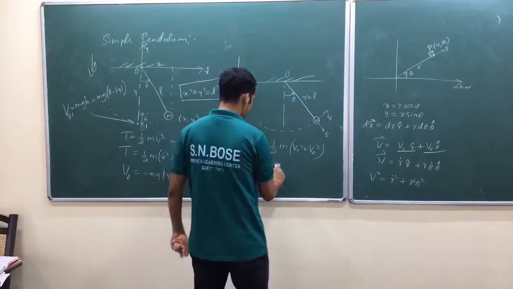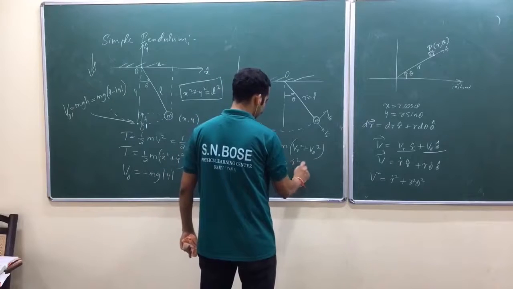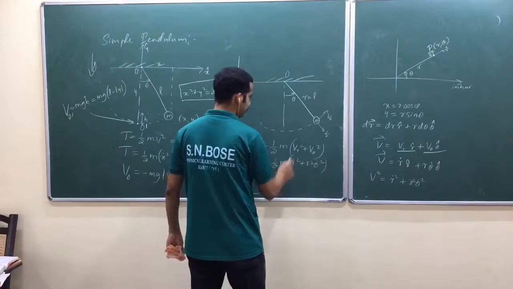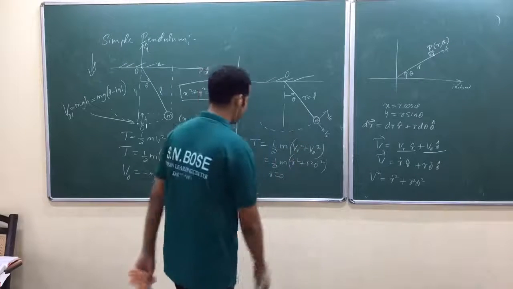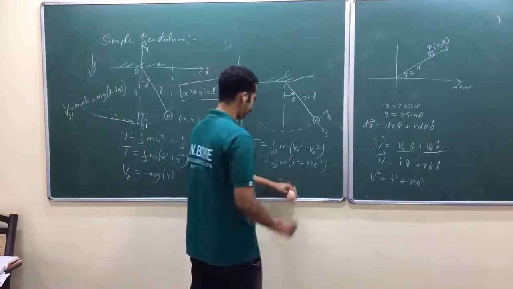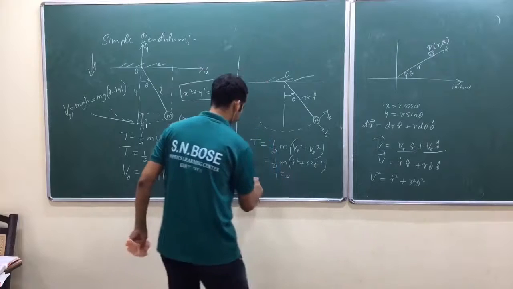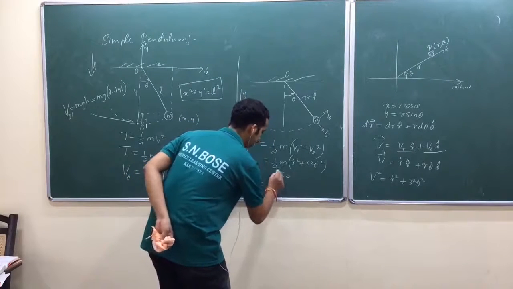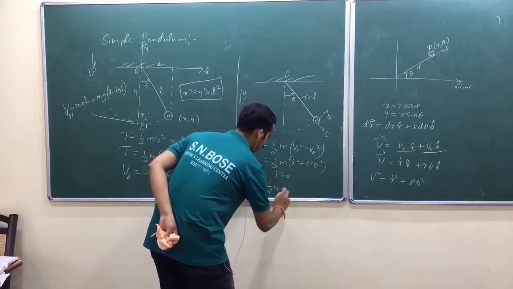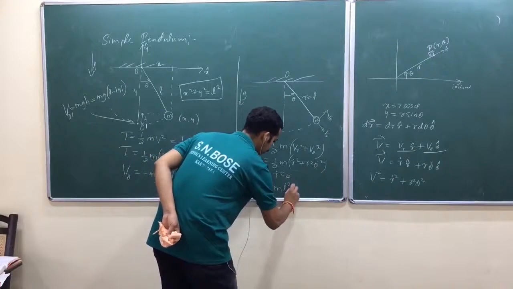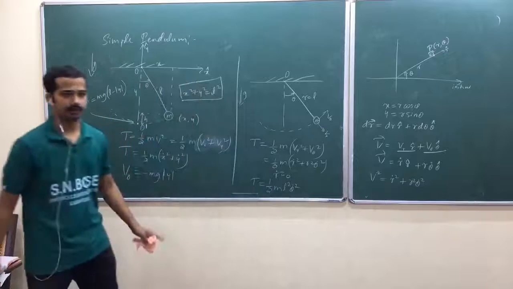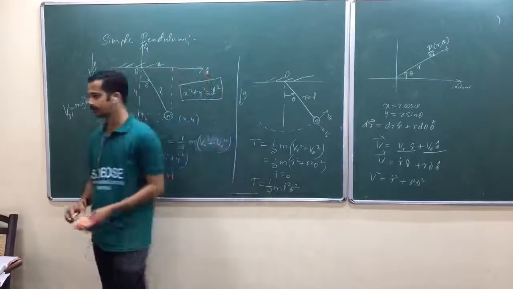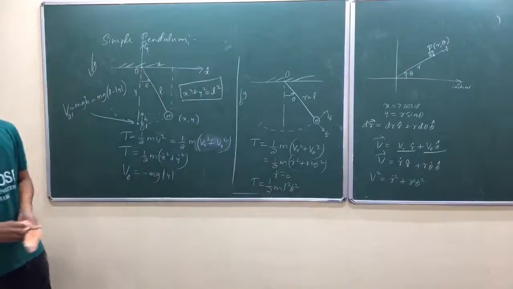So in this case, half m, r dot square plus r square theta dot square, with r dot equal to 0 because r equal to length equal to constant. That is your constraint. What is your kinetic energy? Half m, r equal to length, half m L square theta dot square. And we have written kinetic energy in terms of our generalized coordinate. What is our generalized coordinate? Theta.